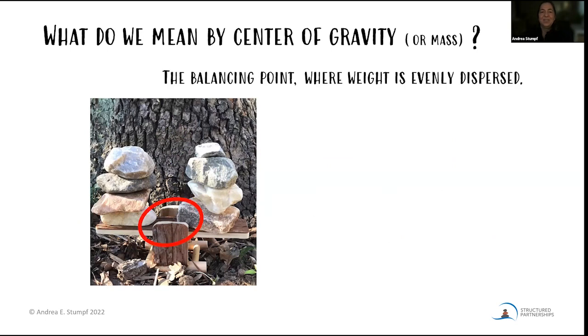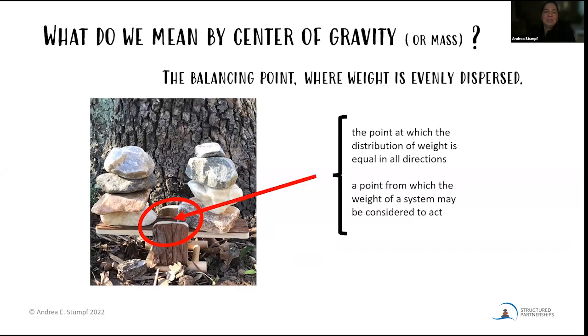But the way to think about it is that it's the balancing point where the weight is evenly dispersed. And so, of course, balance, right where that circle is, this was actually an alternate photo for the cover of my book for builders. Right where that balance is where you have that center of gravity. And other ways to think about it is it's the point at which the distribution of weight is equal in all directions.